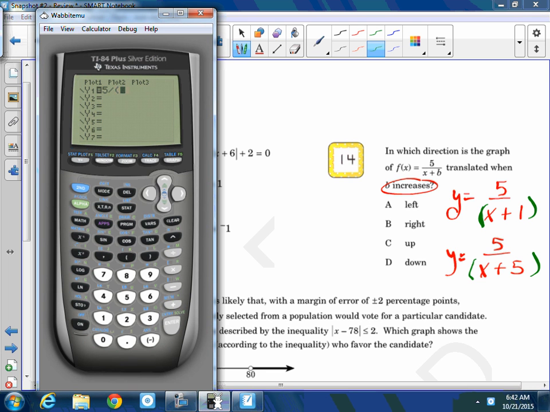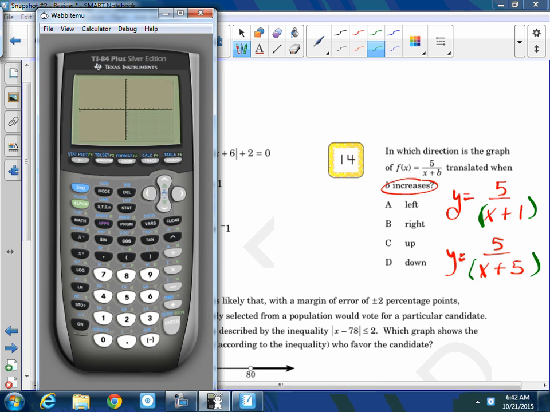So I'm going to open the parentheses and I'm going to have x plus 1. Then I'm going to close that parentheses. And then on the second one, it would be 5 divided by, and then it's x plus 5. Because I went ahead and increased it by 4. That's what I have to do, increase b.